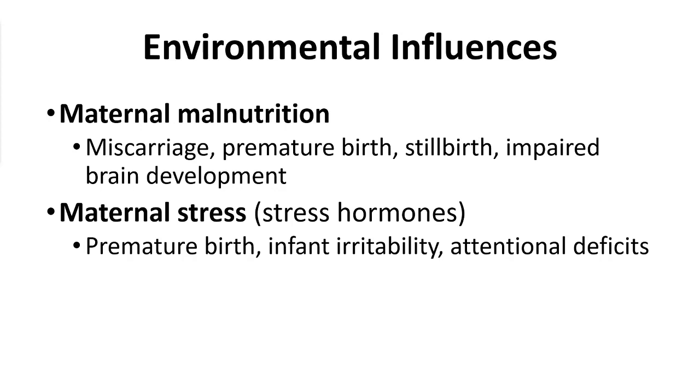So kind of logical things to go wrong if the fetus doesn't have enough nutrients and nutrition to grow and develop normally. And similarly, maternal stress, specifically having lots of stress hormones circulating in her system, can also negatively impact the development of the fetus, again causing the risk of premature birth.